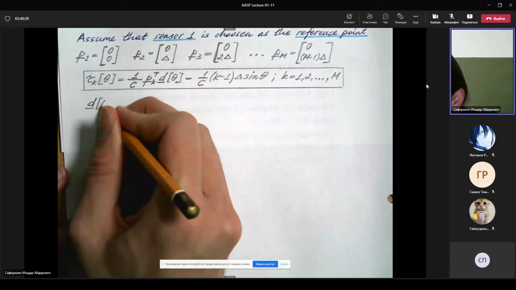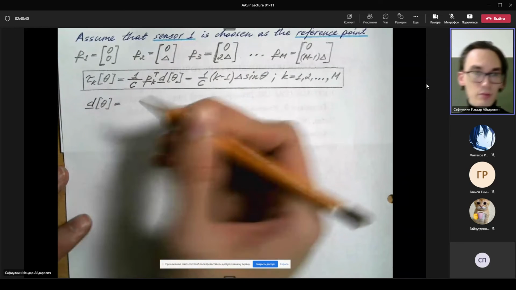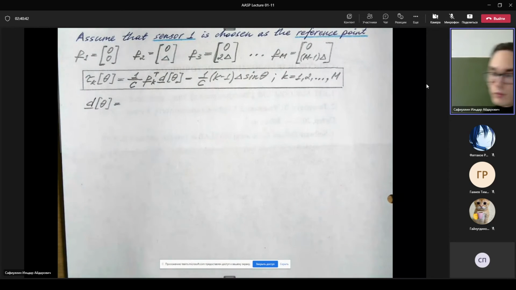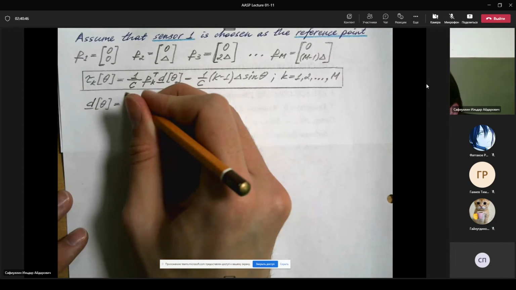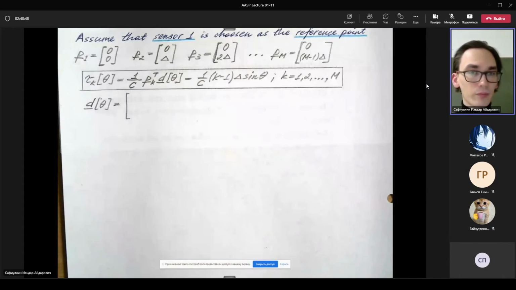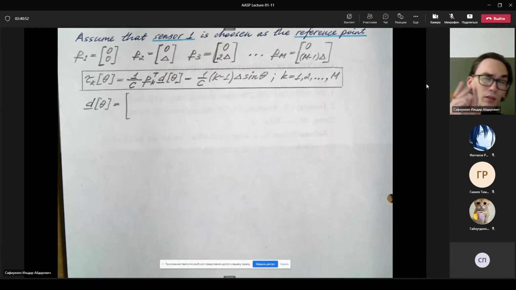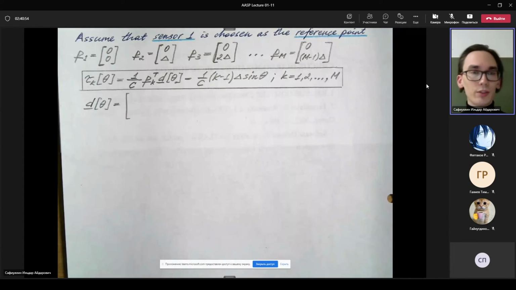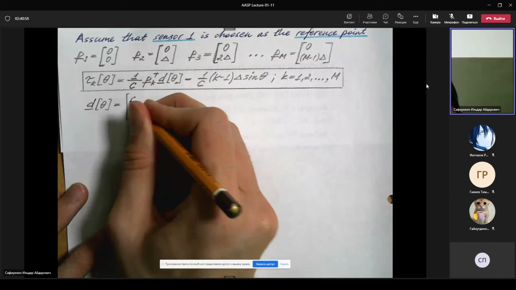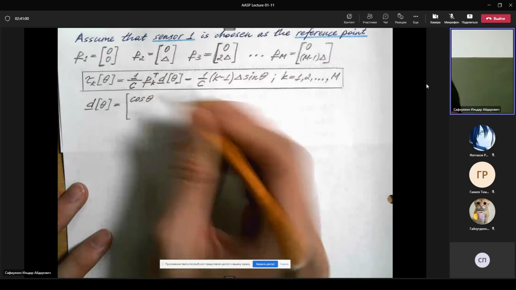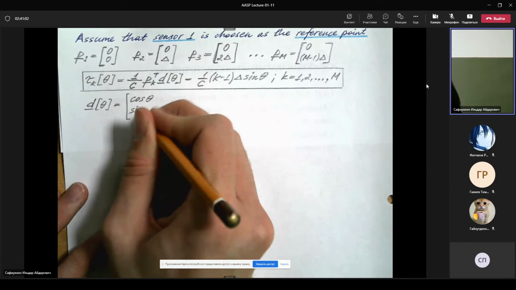D of theta is the vector of two values. For the 2D case, it is only two values, where the first value is cosine of theta, and the second one is sine of theta.